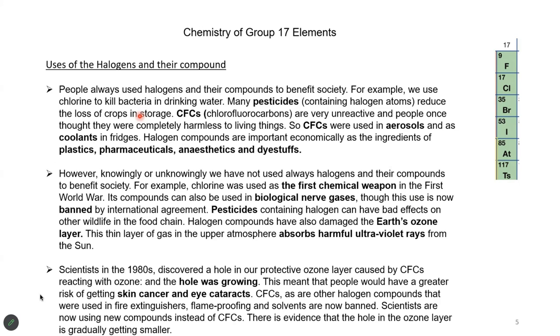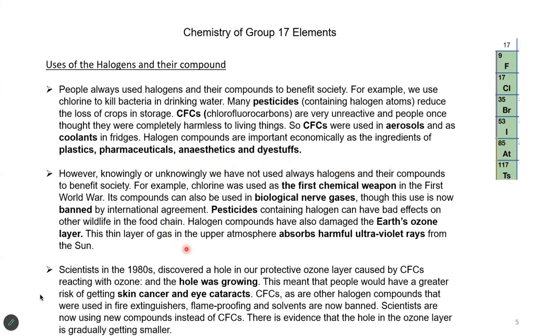And then chlorofluorocarbons. They are very unreactive, and people once thought that they were completely harmless for living things. Chlorofluorocarbons are used in aerosols and coolants for fridges. Halogen compounds are used for plastics, pharmaceuticals, anesthetics, and dyestuffs.